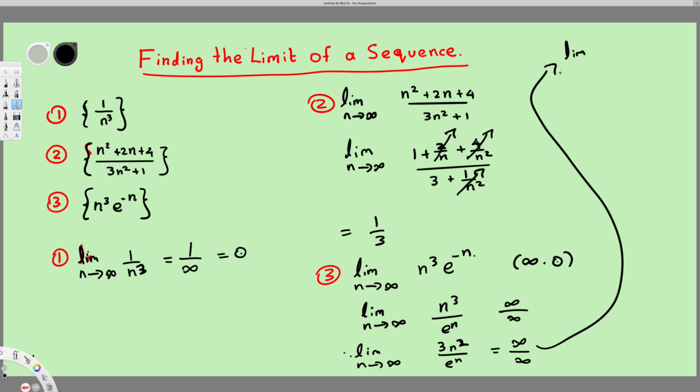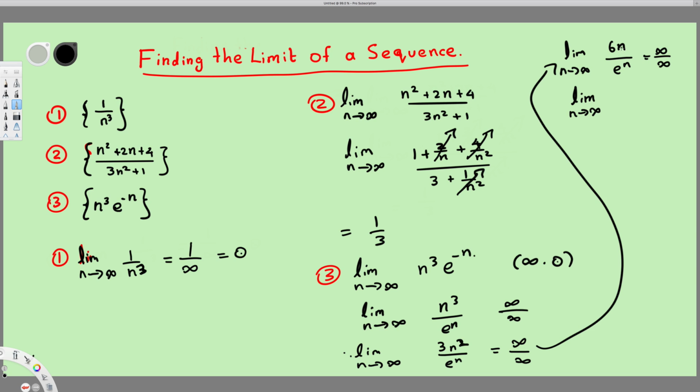The derivative gives 6n divided by e to the power n. Substituting infinity, this is again infinity over infinity, so we do L'Hopital's rule again.